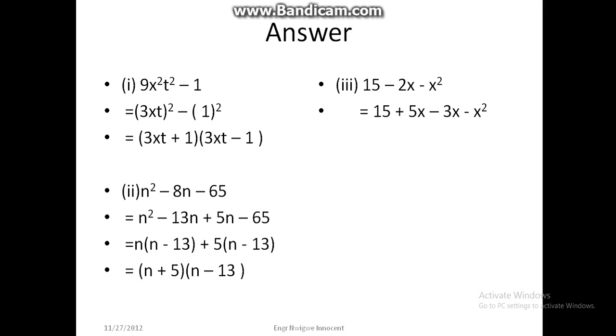Then we now collect the like terms. We now have 5 bracket 3 plus s minus s in bracket 3 plus s, which is equal to in bracket 5 minus s bracket 3 plus s.